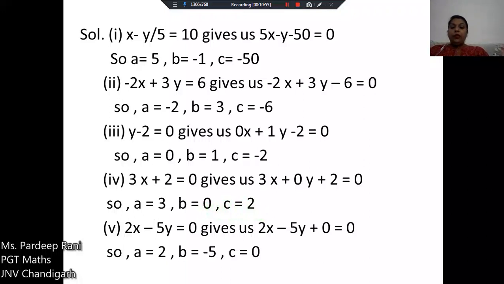The last equation given to us is 2x minus 5y equal to 0, which can also be written as 2x minus 5y plus 0 equal to 0, and on comparing it with the standard form of the equation of a line, we get a is equal to 2, b is equal to minus 5 and c equal to 0.